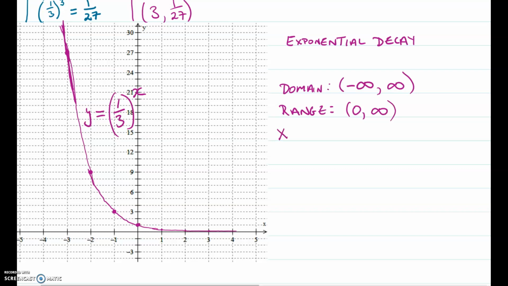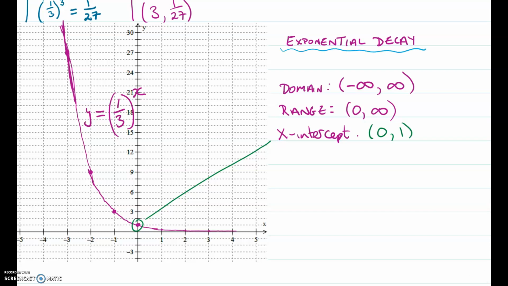And the intercept. Okay, the intercept is this point here where it crosses the y-axis. That's the point 0, 1.